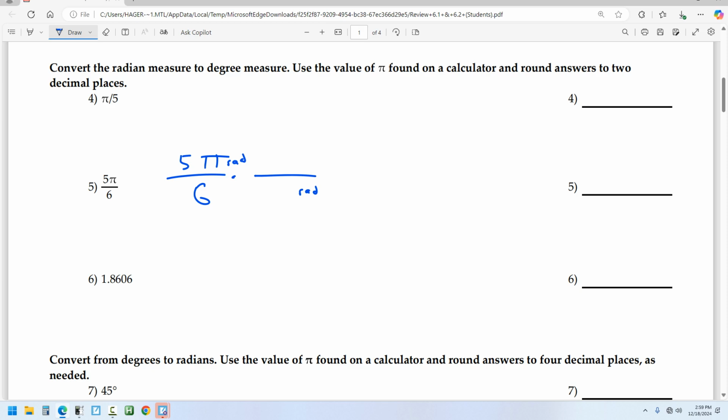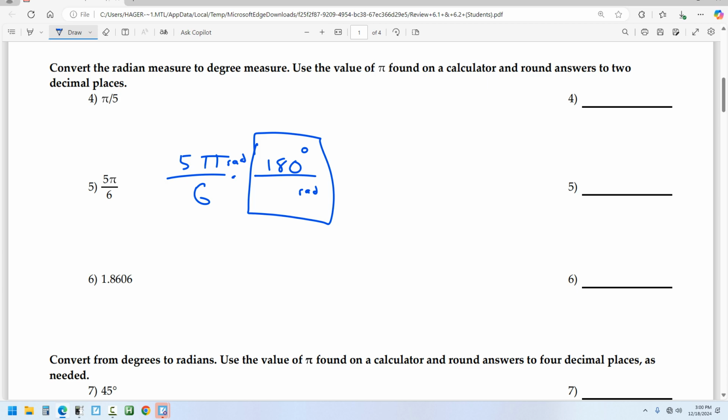180. Yep, 180, and I need a label on that. Degrees. And what do we put with radians? Well, we need our conversion factor. When we write down 12 inches in 1 foot, or 60 seconds in a minute, how many radians are in 180 degrees?